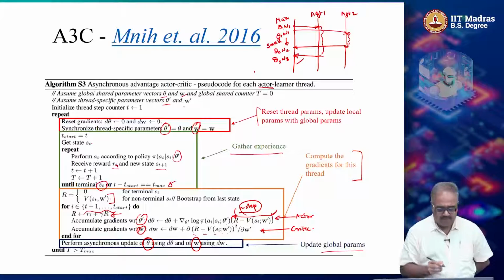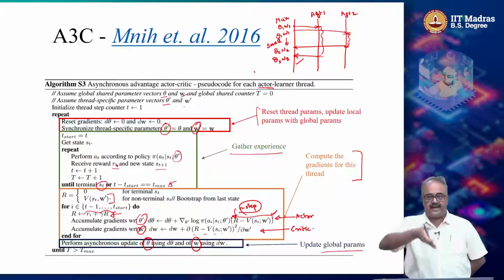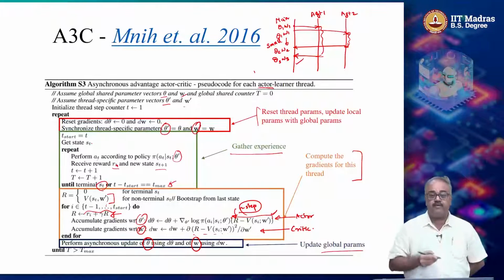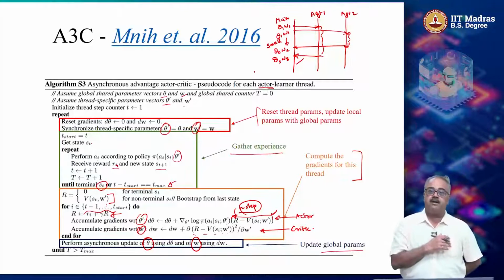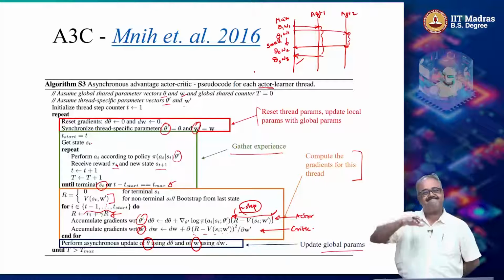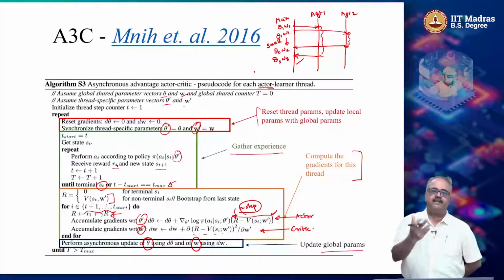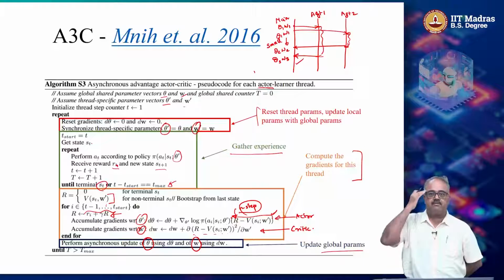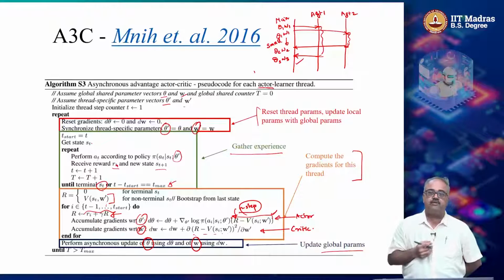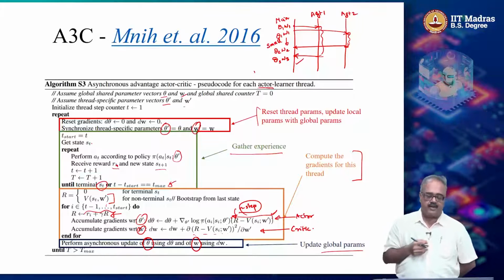But if you are cutting episodes short, then you will be using bootstrapping. That's okay, because you're bootstrapping from w prime, not from w, just like a frozen target network. So you get the target network effect for free when you're using Actor-Critic. So you don't have to think about both of those DQN things explicitly when you're doing Actor-Critic.